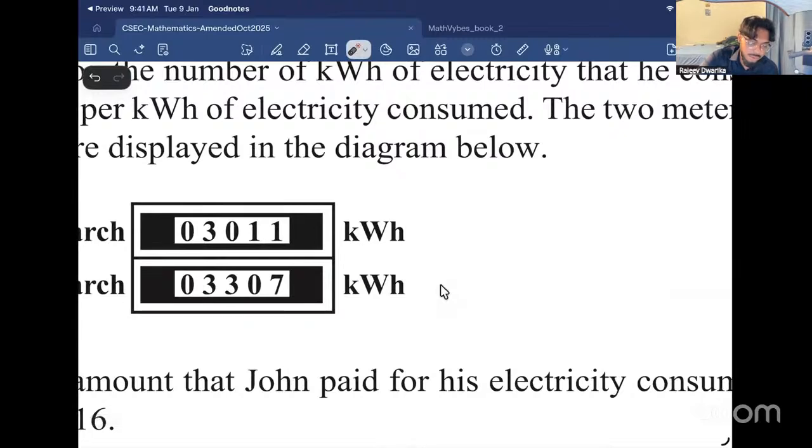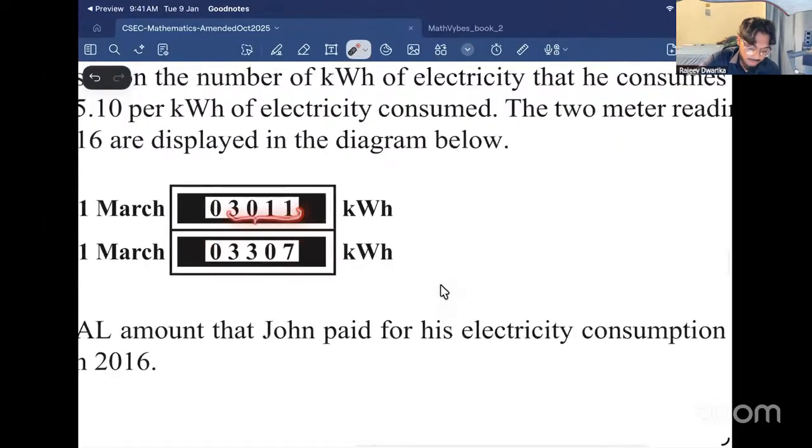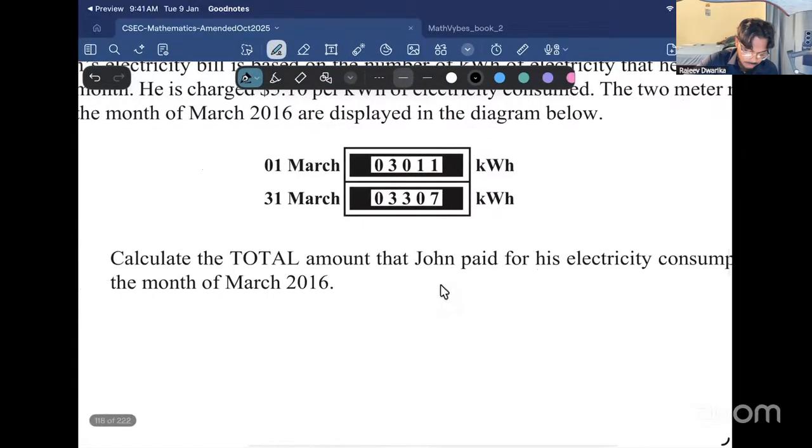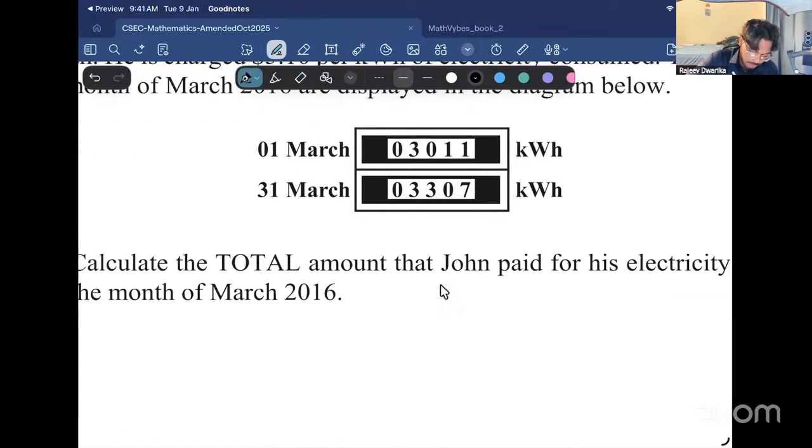Exactly. The zero only counts if it's in between two significant numbers, or before significant numbers. So in March I had 3,011.